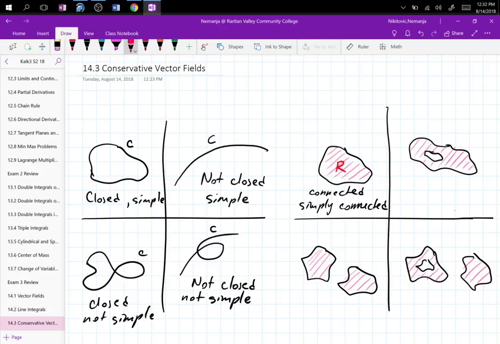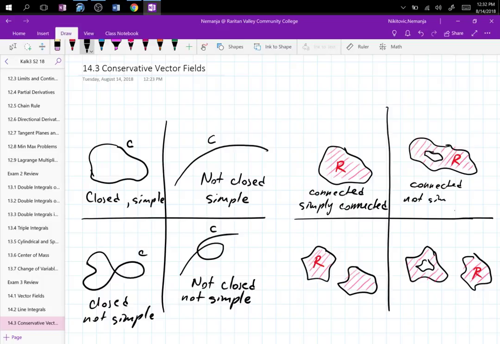And we have region R, region R, region R, right? So all of these are region R's. And now we have the second one is connected, but not simply connected.